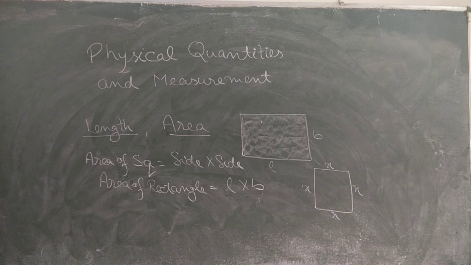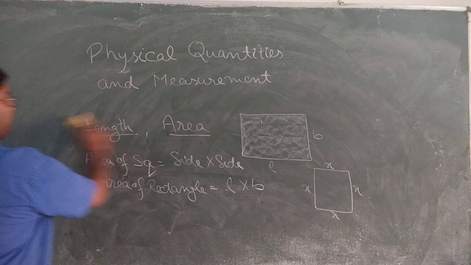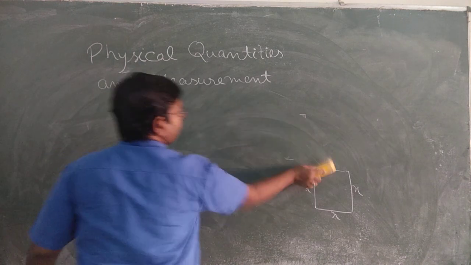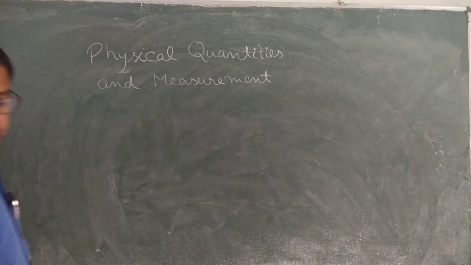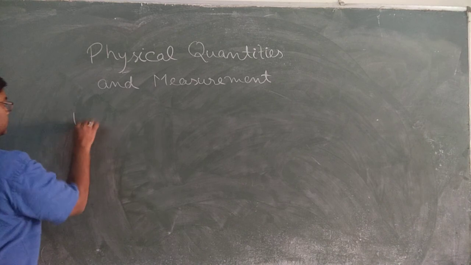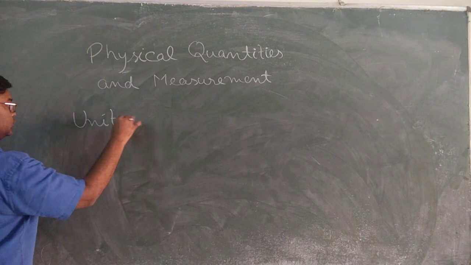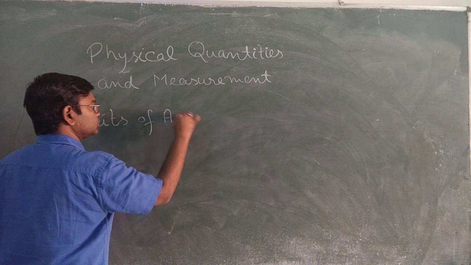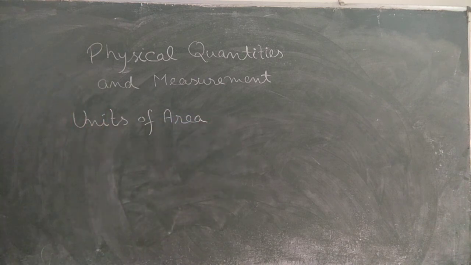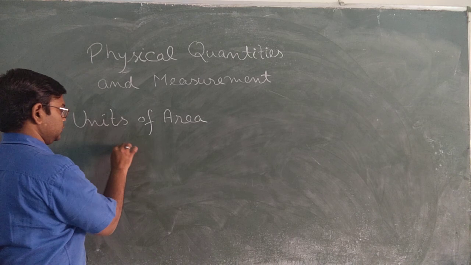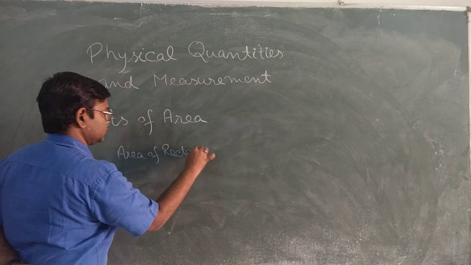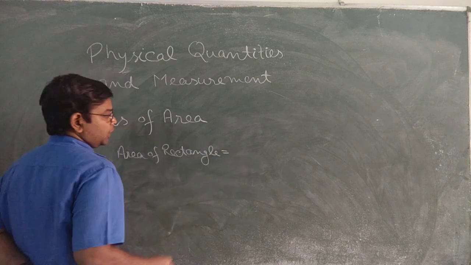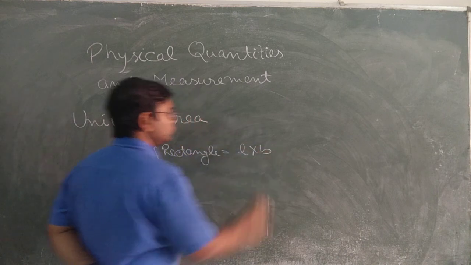Now about units of your area. Take the example of area of a rectangle. As we know, its formula is L into B, length into breadth.